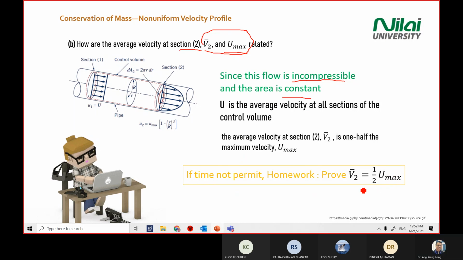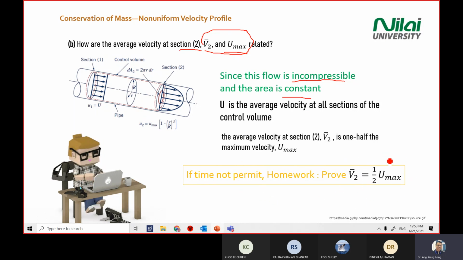I believe you can read right from the slides. So U2 equal to half u max. If you know how to derive, this one you should already have covered in your introduction to fluid mechanics or something.